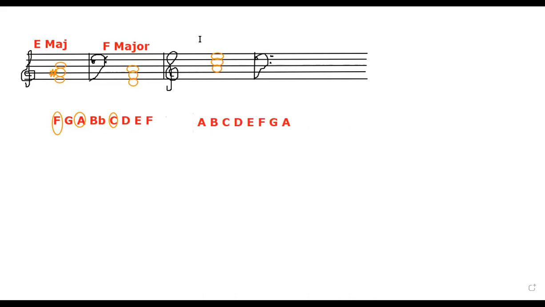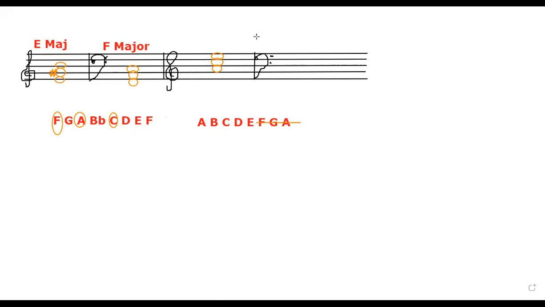We're not really sure about things past here, right? Those notes, we're not sure if they're going to have any sharps or flats, because the tonic triad doesn't give us that information. But we know for sure that the middle one is not C sharp, because it does not have a sharp sign by it.